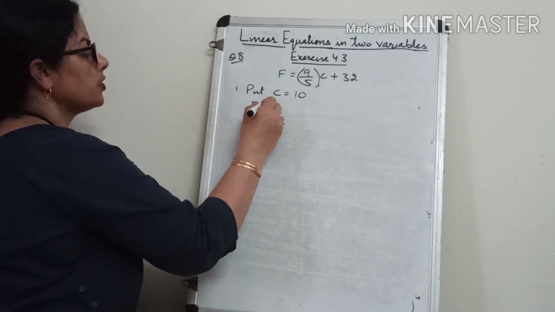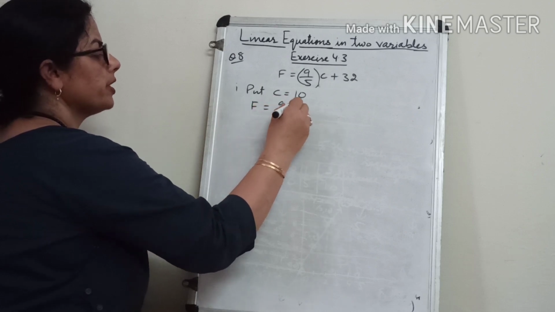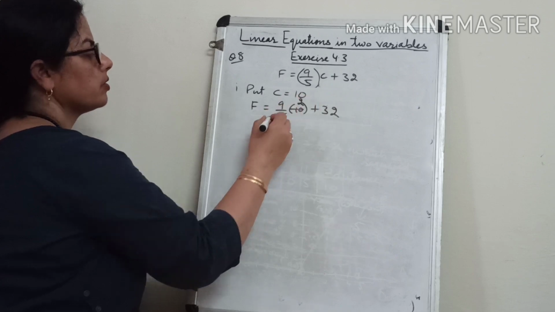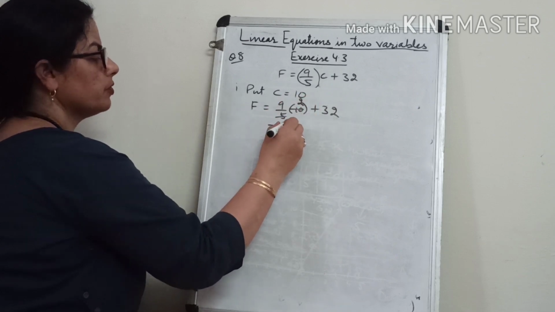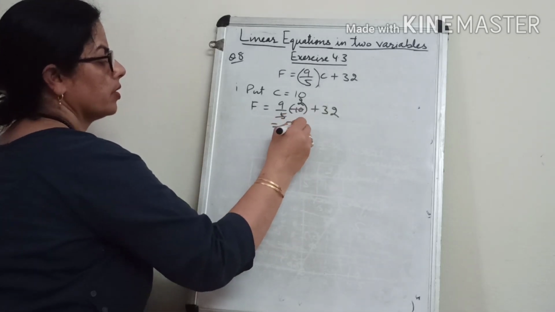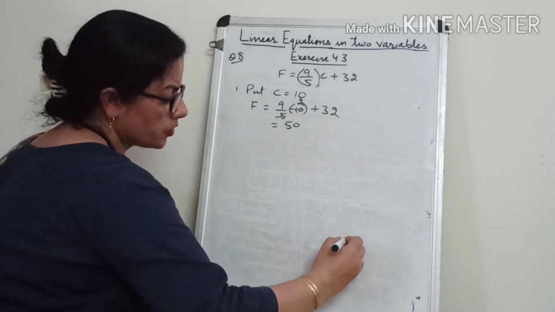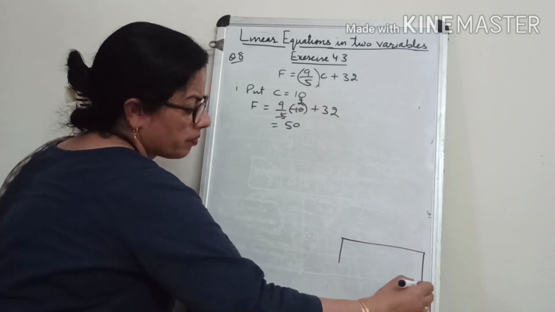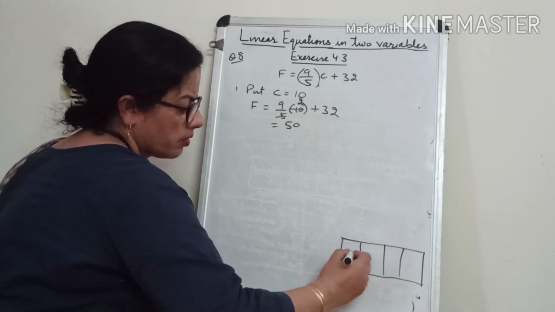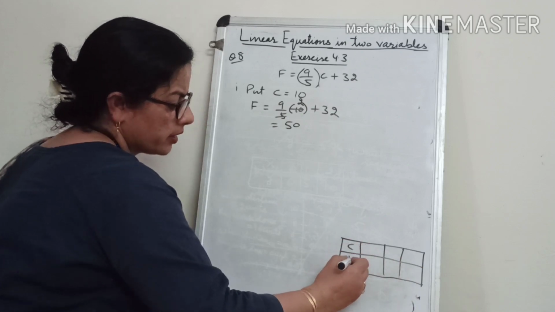Then F is equal to 9 by 5 into 10 plus 32. 5 2s are 10, 2 9s are 18, plus 32, that is 50 will come. Here we will make the table also side by side. Celsius on x-axis we will take when we draw the graph.